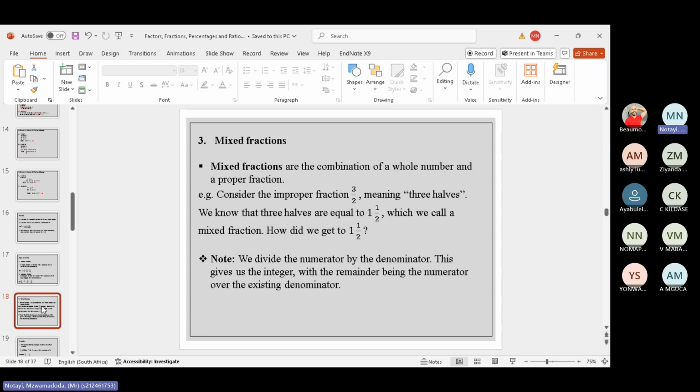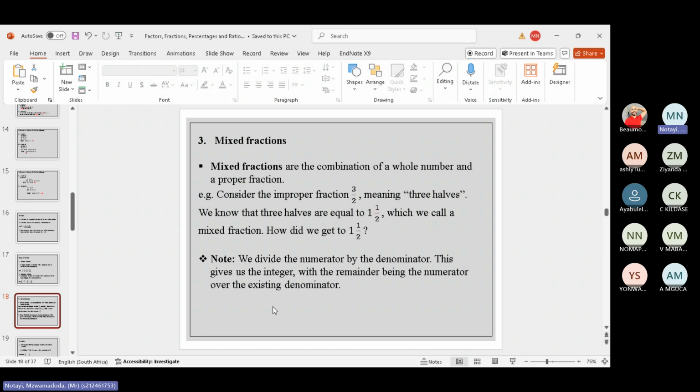Okay, we also have mixed fractions. Mixed fractions are the combination of a whole number and a proper fraction. Consider the improper fraction 3 over 2, meaning 3 halves. We know that 3 halves are equal to 1 and a half, which we call a mixed fraction.